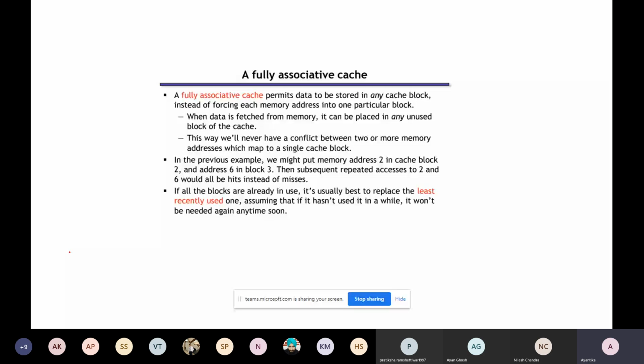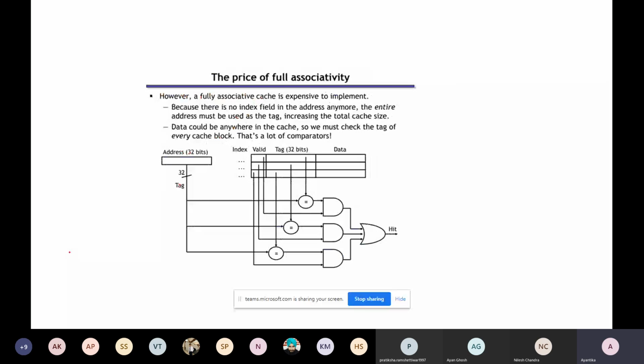Consider the other way around, that any of these blocks can be mapped to any location of the cache memory. That means with the tagged address of 32 bits, there is no concept of indexing, so any block can be placed anywhere.